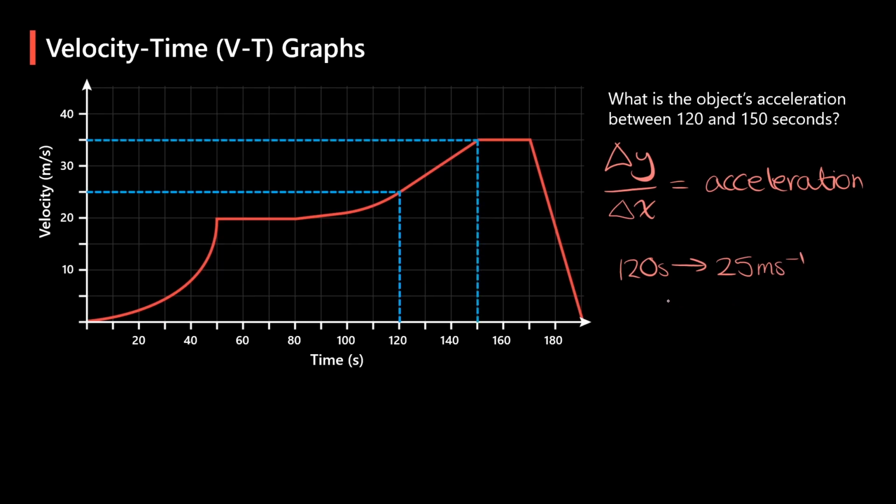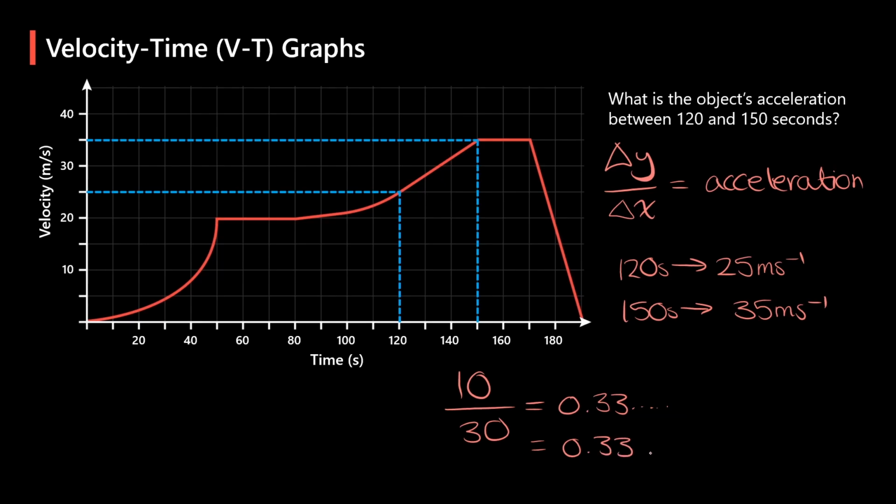And then do the same for 150 seconds, and that comes out to be 35 meters per second. That gives us a change in y of 10, and a change in x of 30, which is equal to 0.3 recurring. That rounds down to 0.33 meters per second squared, to two significant figures.